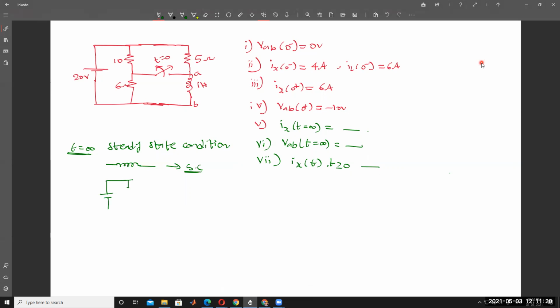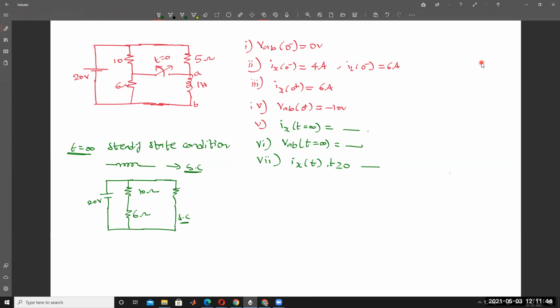So this is the 10 ohm resistor, and this is the 6 ohm resistor, and the switch is closed, and this is the 5 ohm resistor, and the inductor is acting as a short circuit like this. 10 ohm resistor, 6 ohm resistor and a 20 volt source.